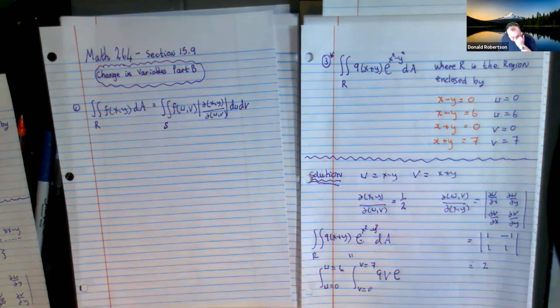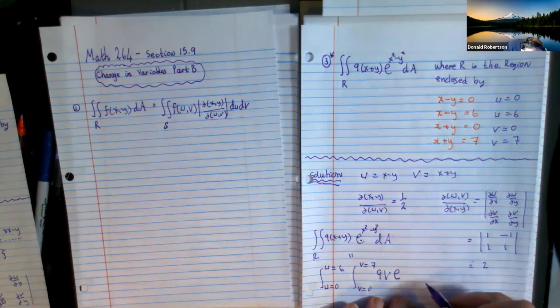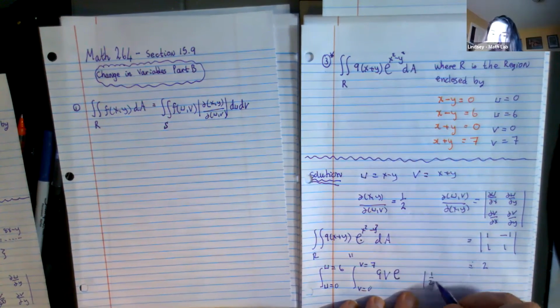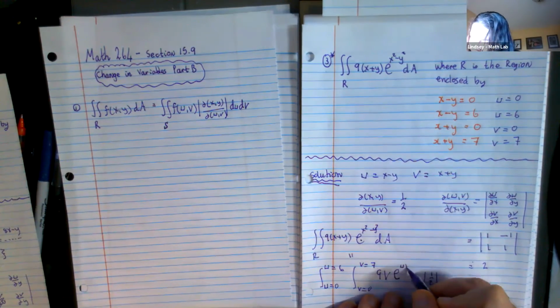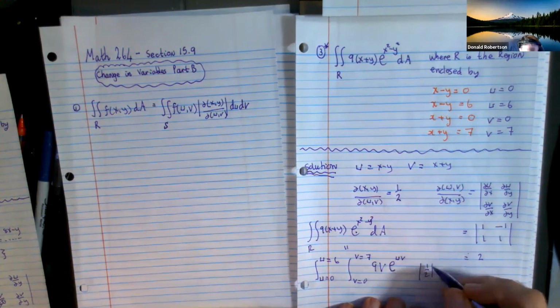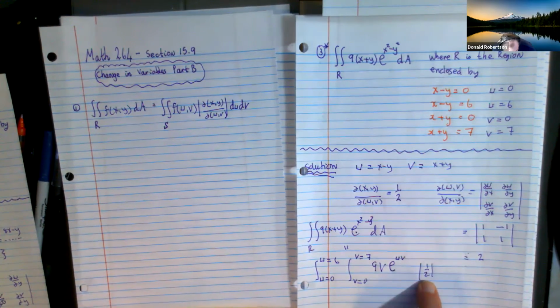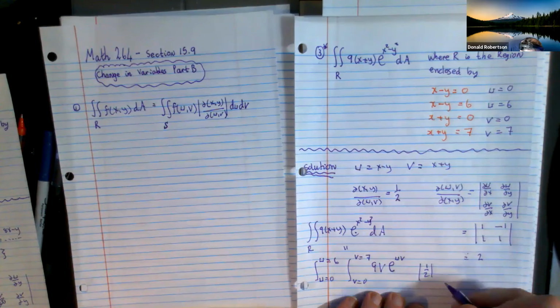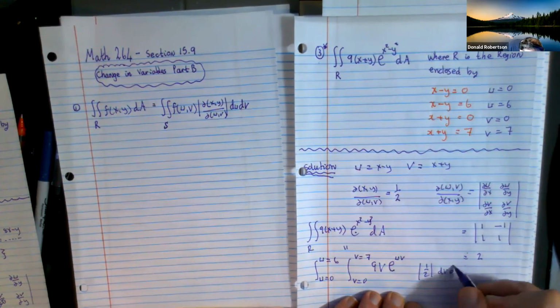Okay, what are you going to do about x squared minus y squared? It's uv, right? Yes. I don't know why I stuck the absolute value around it, but it's too late to change it. The Jacobian, and dv and du.